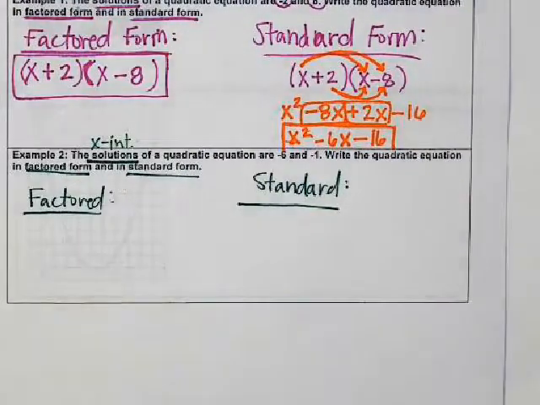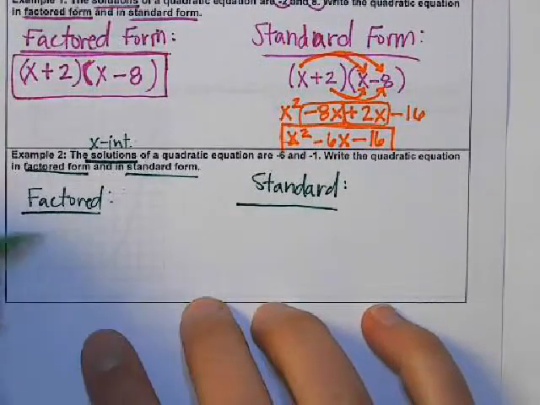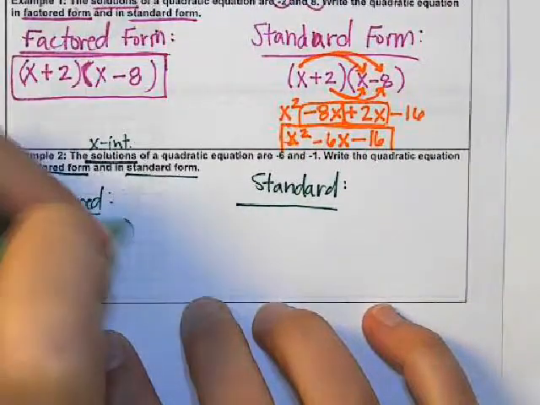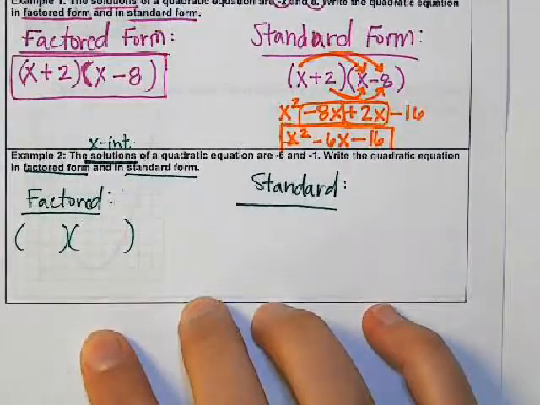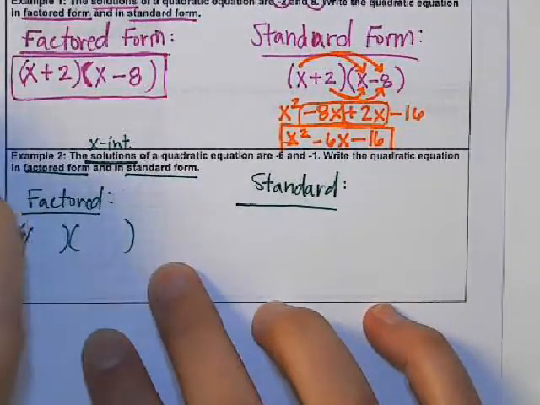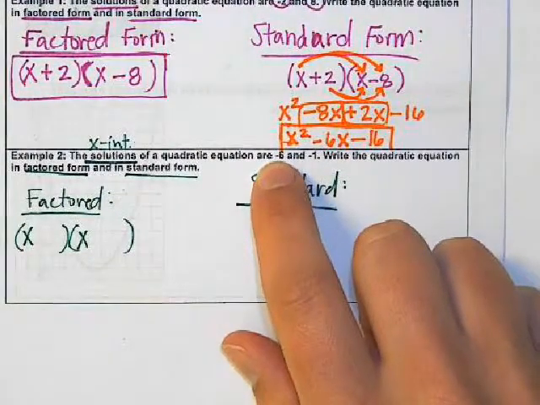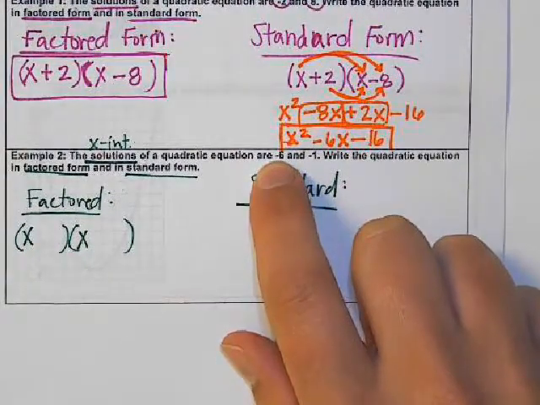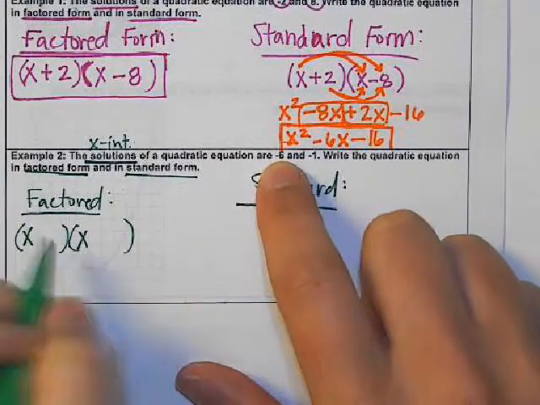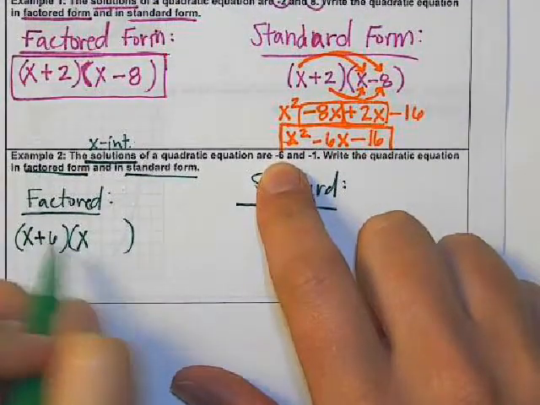Factored, what is that going to look like? The parentheses, so empty parentheses, that's factored form. What goes first in those? X and x. And then I have to do what to my roots? Flip the sign. So this is a -6, so when I write it, it's going to become +6, and a -1 becomes +1.